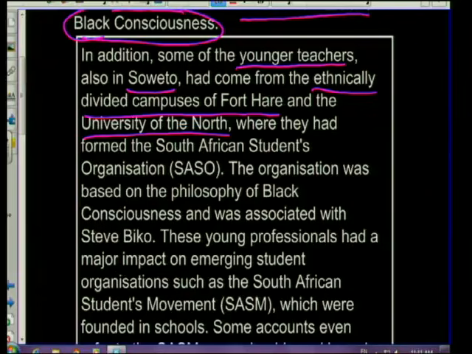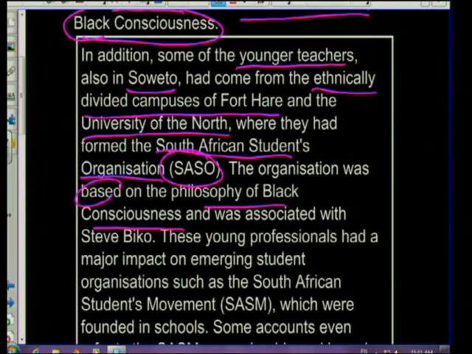With this, they formed the organization called SASO, which was the South African Student Organization. The organization was based on the philosophy of black consciousness and certainly associated with none other than Steve Biko.